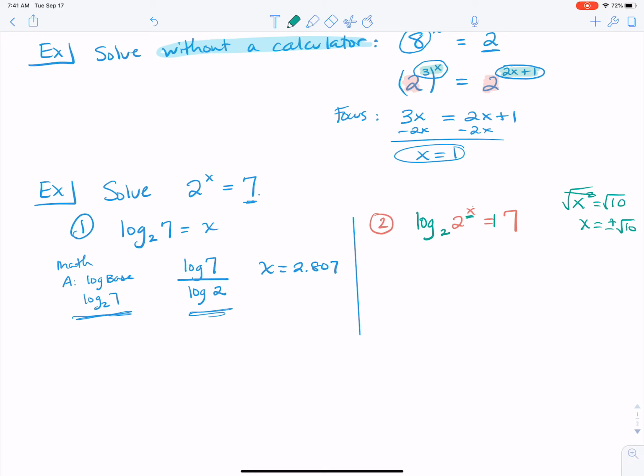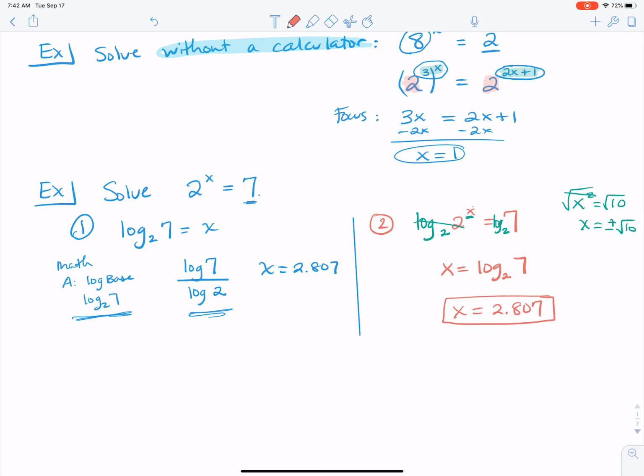So you can log base 2 both sides. And so what happens there is you can cancel that out from the left-hand side. And then what you have left then would be x equals log base 2 of 7. And if you notice, that's essentially what we had in method 1. And then you just type it in like we did before, and you get x equals 2.807.